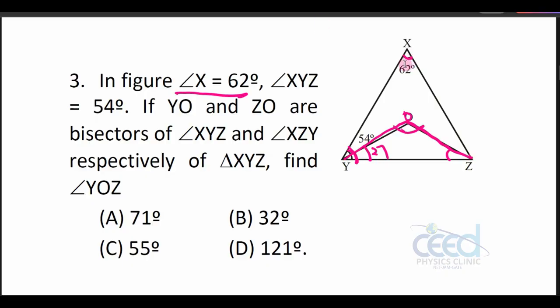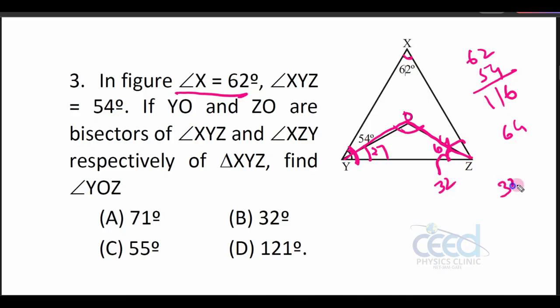Okay, we can solve this given. See here, this angle is fully given. Then 62 plus 54, that is 116. Then out of 180 we have what remaining, right? So 180 minus 116, 64. Then this angle is 64 total, right? Then this angle is what? This is half of this bisector only. Then 32, right?